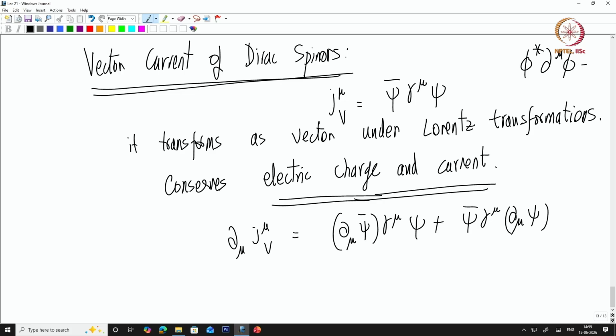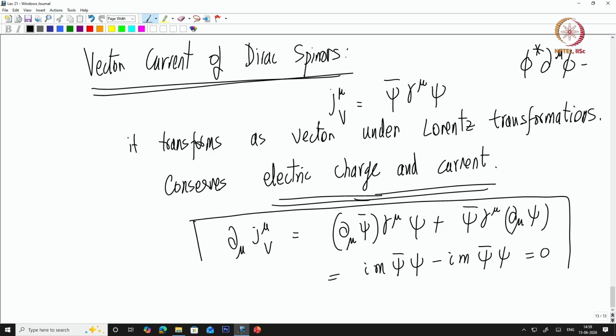Now this is just the product rule of differentiation, and if you use the equations of motion, this gives me i m psi bar psi minus i m psi bar psi, which is equivalent to 0. So it shows you this vector current is always conserved, because it is a difference of the mass terms, with the same mass.